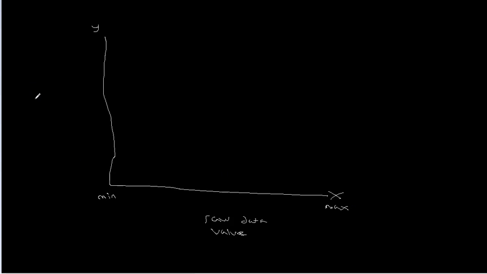And on the y-axis, these are going to be our fuzzy values. And our fuzzy values, we already said, always go from 0 to 1. And what we talked about a minute ago was this idea that connecting our raw data values to our fuzzy values was this fuzzy membership function. And so I'm just going to draw, in this case, a line.